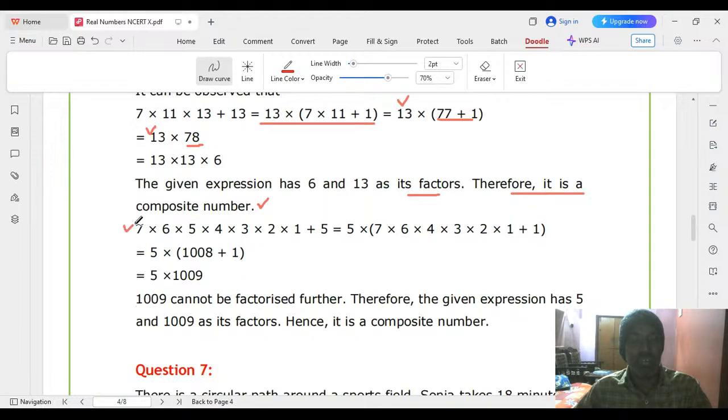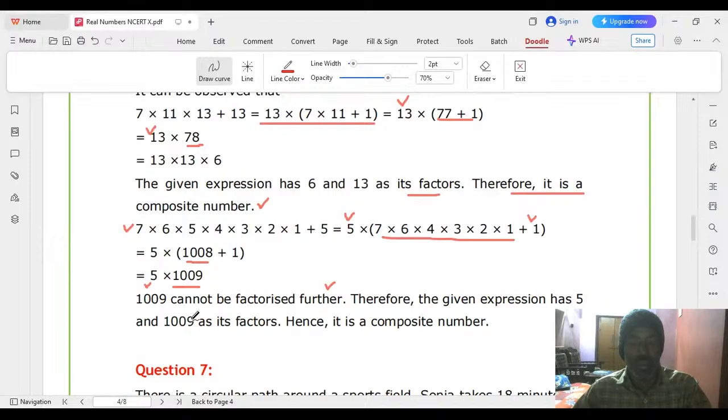7 × 6 × 5 × 4 × 3 × 2 × 1 + 5. We take 5 as common. Then we get 5 × (7 × 6 × 4 × 3 × 2 + 1), which is 5 × 1009. 1009 cannot be factorized further and is a prime factor, as is 5.